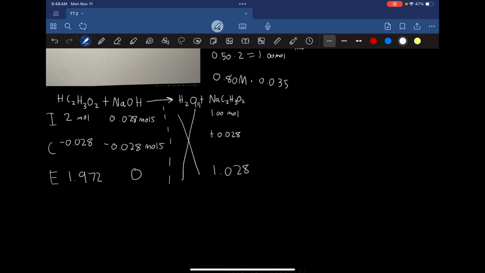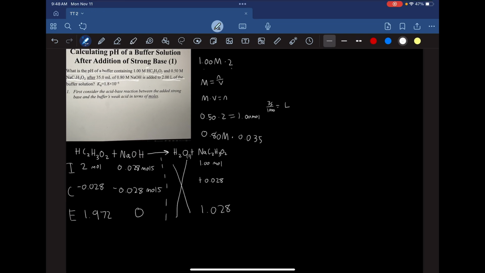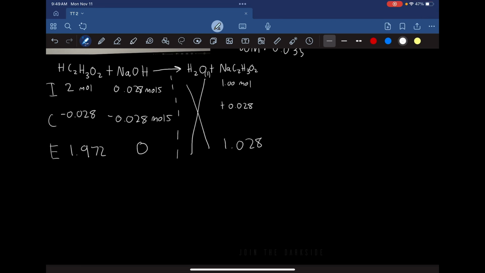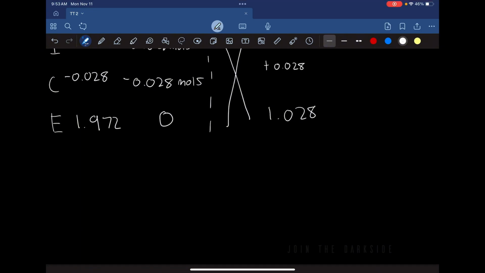With this, they want to know what the pH is. So now we can use our equation: pH is equal to pKa plus log of our conjugate base over our acid.